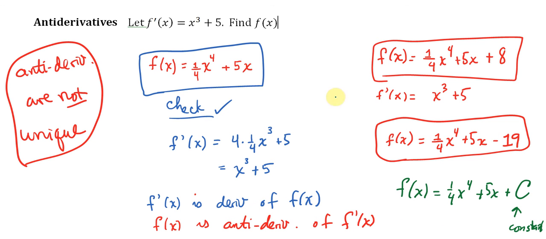So we call this the general solution, and this is probably a good way to end this lesson here, that this is probably the best answer that we can give here because it captures all of the possible solutions. Okay? So hopefully you get a sense of finding an antiderivative, the process that's involved. In the next example, in the next video, we'll talk about how to find a specific antiderivative.